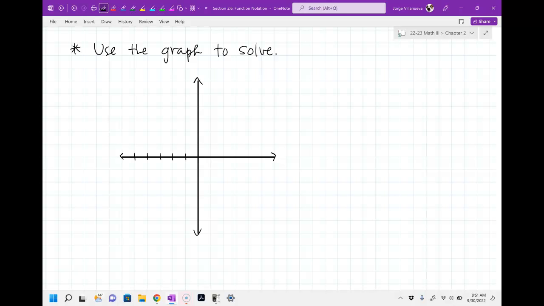Let me just take my time really quick just to make this look nice. Because you guys are going to get 4 graphs and answer 4 different questions. So I want to make sure we get enough practice for it. And like I told you guys earlier, you don't have to do any work. Literally, no work has to be done. You're just observing, and you're going to give them an answer. So I'm marking up my whole graph here just to try to make it a little bit easier.